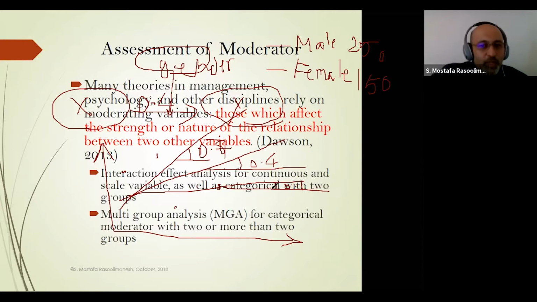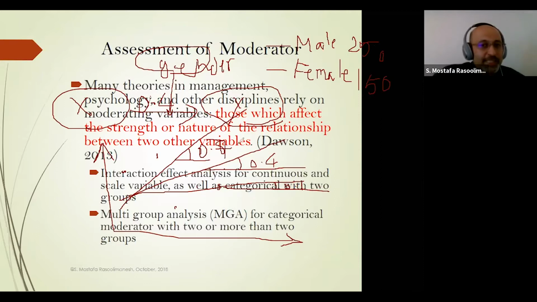When we combine our samples and create 400 samples, the effects of 0.1 and 0.7 are combined and create this 0.4.